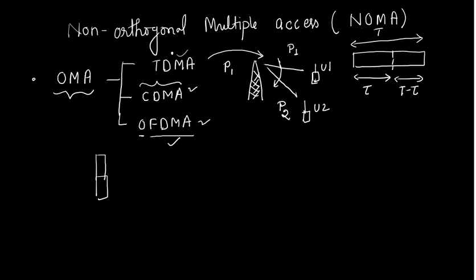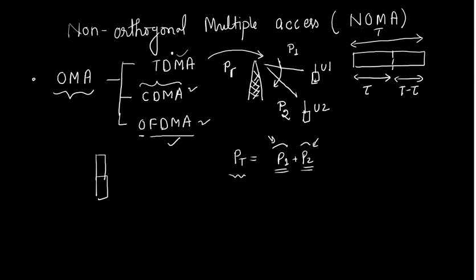If total power PT is allocated to the base station, then user 1 will be served with some power P1, and U2 will be served with some amount of power P2, and the total should be the total power allocated to the base station.